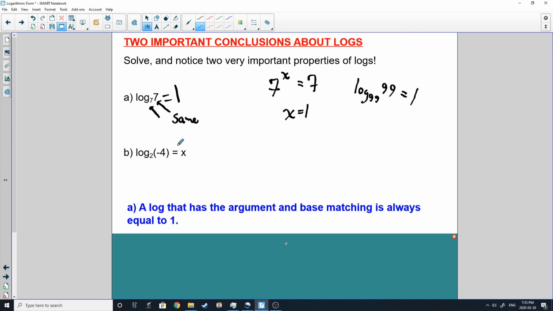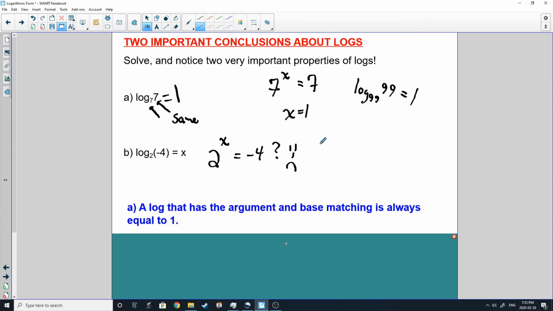Last one. So let's go ahead and solve this puppy. If I put it in exponential form to try to solve, it's going to be the log base raised to the answer, which is x, equals the argument, and we go, well, this one doesn't make me very happy, because there is no way that I'm going to raise 2 to some power and get a negative number.